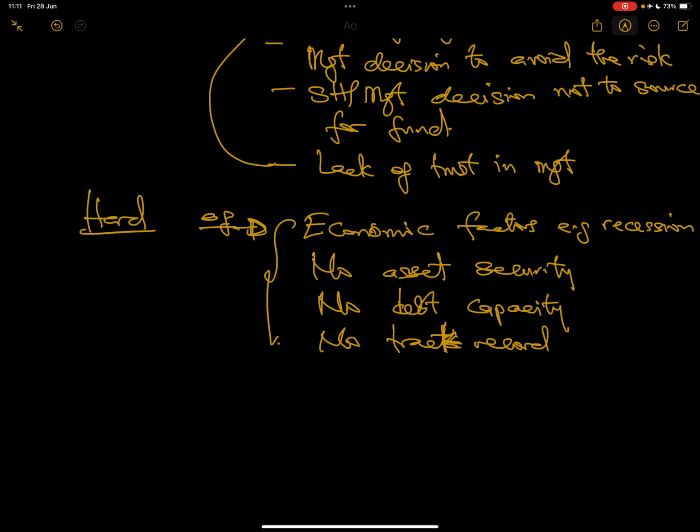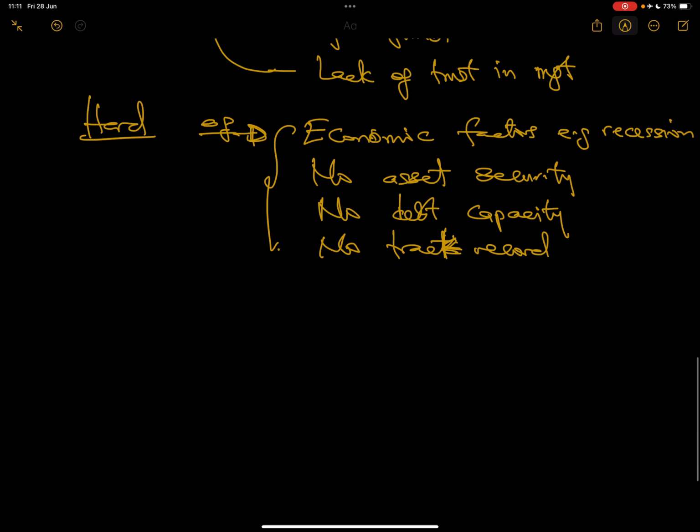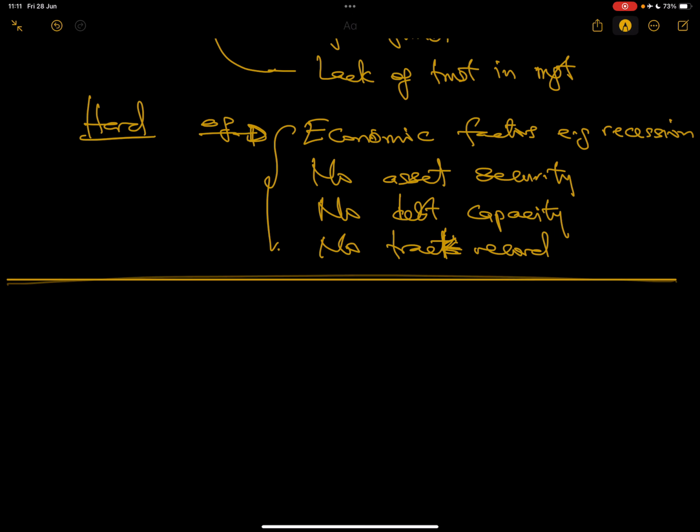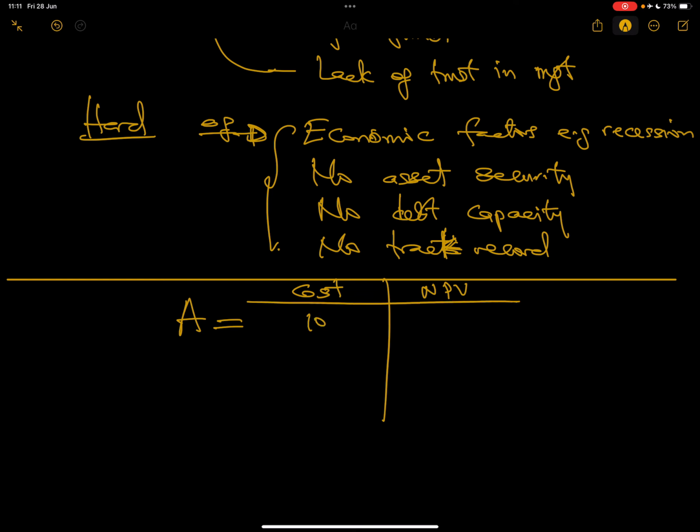Okay. Now, let's go into some calculations. And before I build into a major question, I always like to prep you with something quite simple that you can relate with. Look at this scenario again. Asset A, cost, and NPV. Asset A is going to cost 100 and we said it's given NPV of 50.